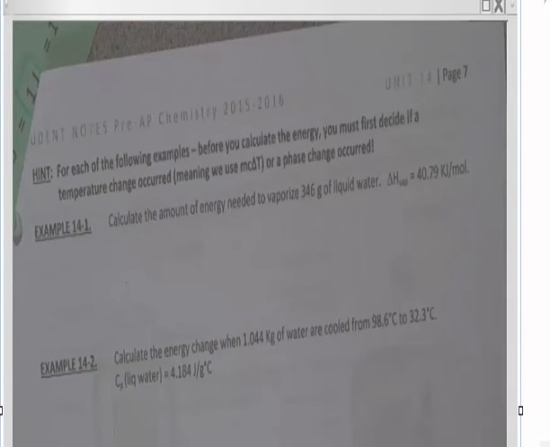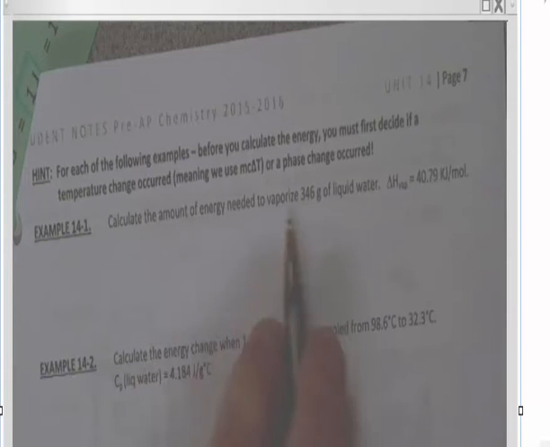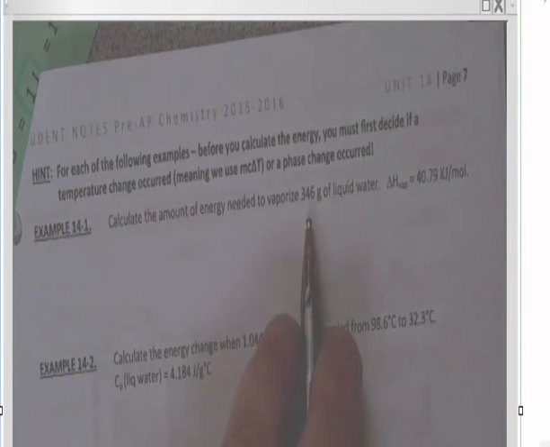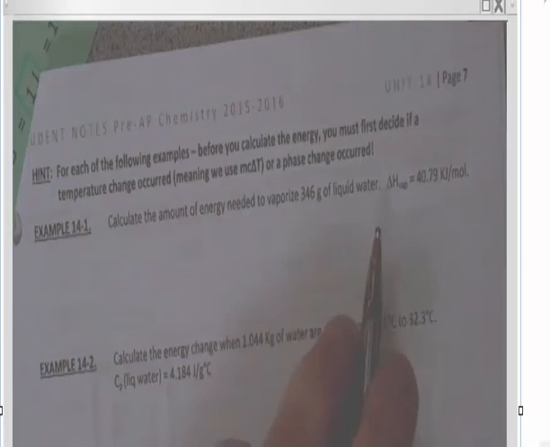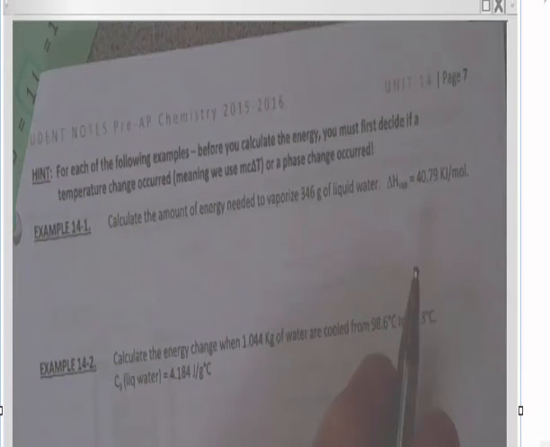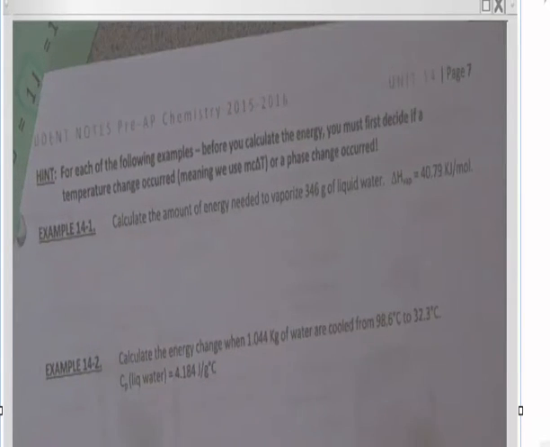For each of the following examples, you must calculate the energy, but you first must decide if a temperature change has occurred, meaning we use delta H equals mCp delta T, or a phase change has occurred. Calculate the amount of energy needed to vaporize 346 grams of liquid water. Heat of vaporization is 40.79 kilojoules per mole.